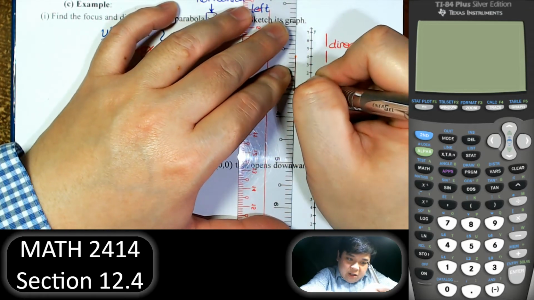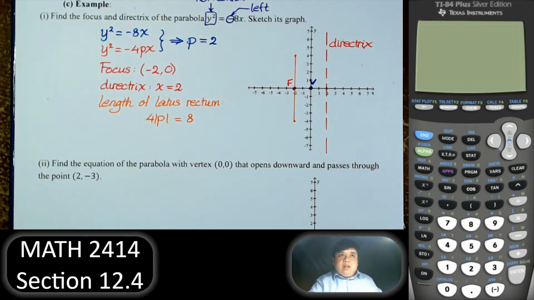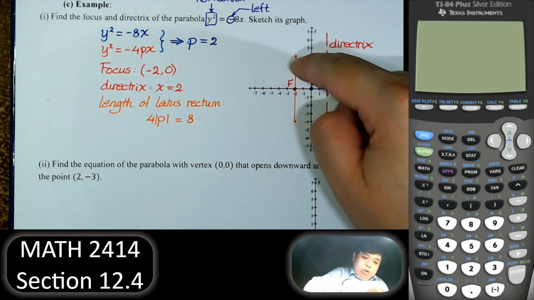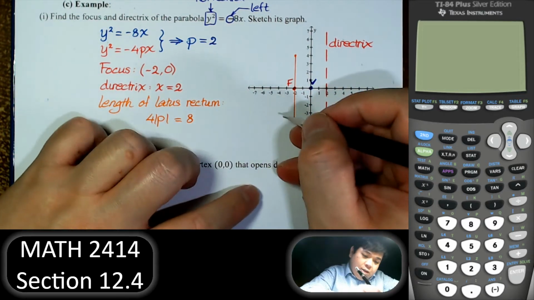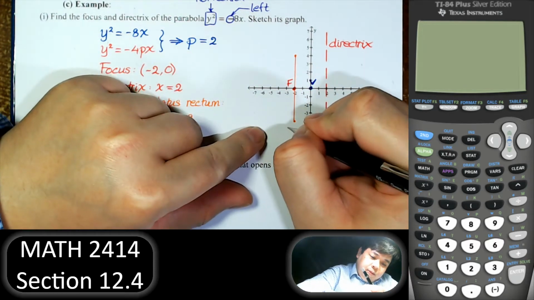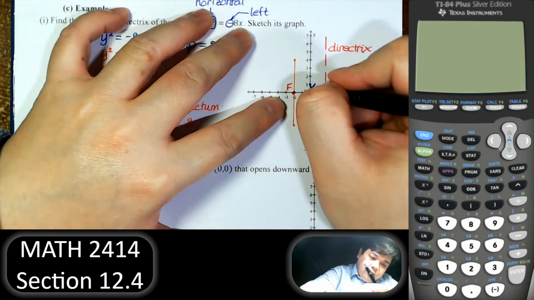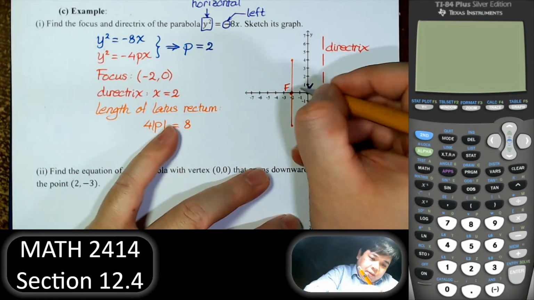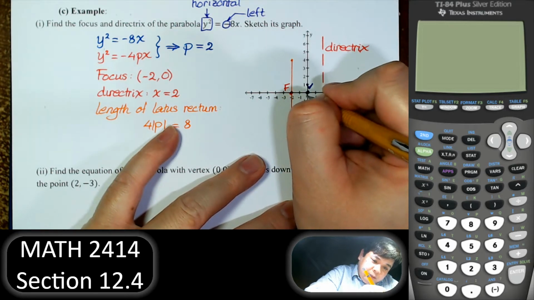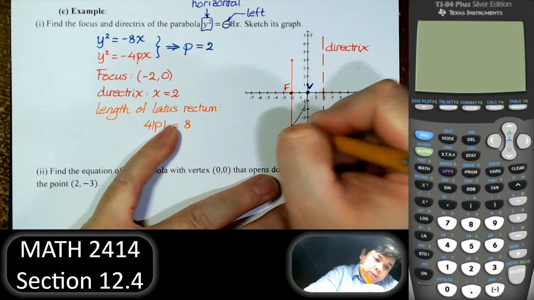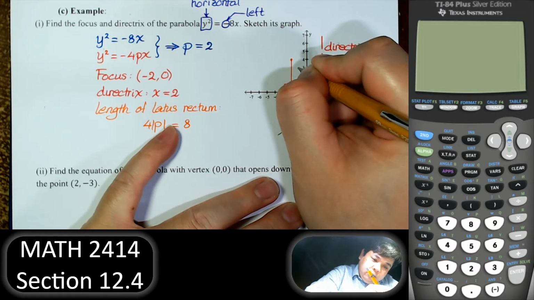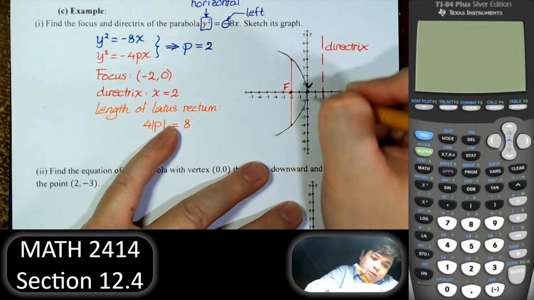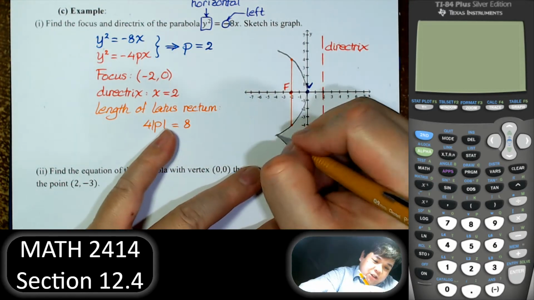That is the length of the latus rectum. And then for the parabola, we go through those 3 points. Right, so it's just a sketch of the parabola.